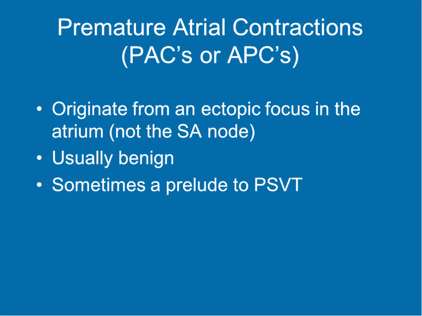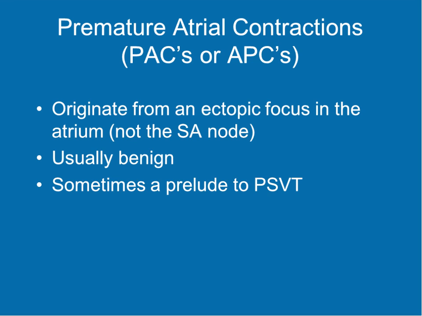Now, what all these dysrhythmias have in common is that they do originate in the atria. So when we're looking at PACs, they're also called APCs sometimes, these originate from an ectopic focus in the atrium, but not the SA node.